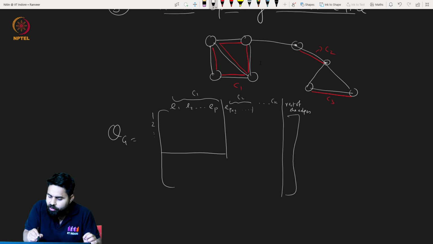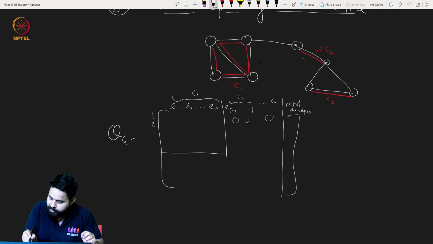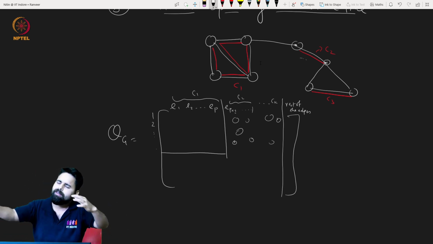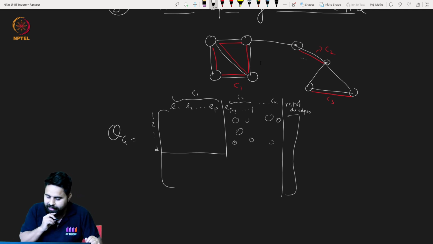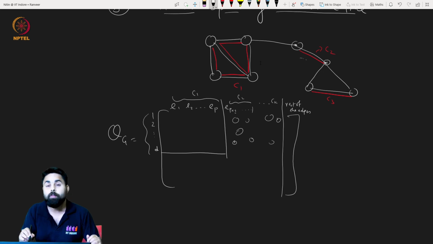These vertices are not at all incident on the rest of the components, so all these places will be zeros. Suppose D number of vertices are there here. These vertices are not at all incident on the edges of other components, so this part will be 0.